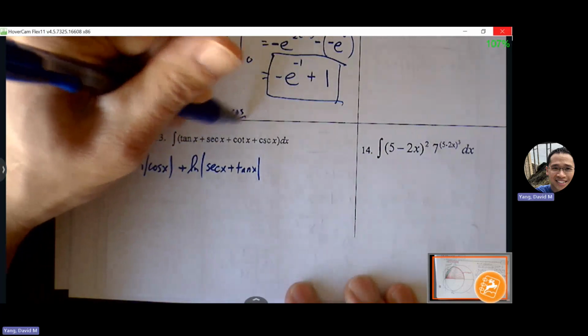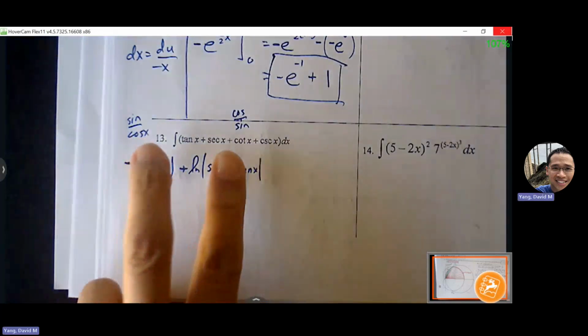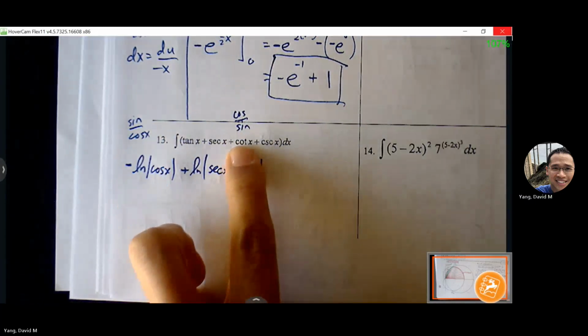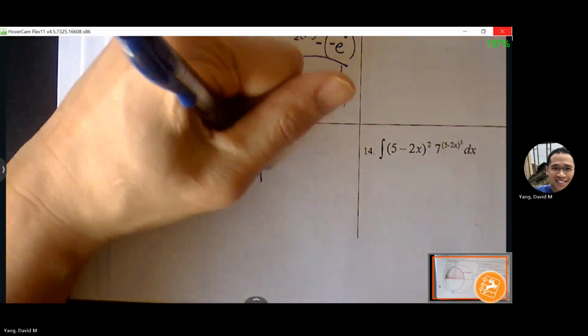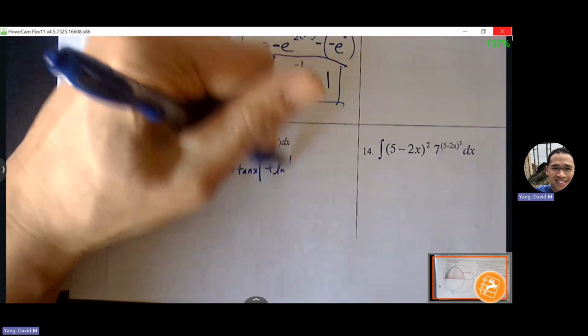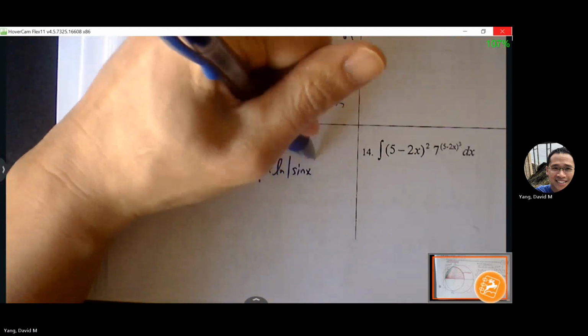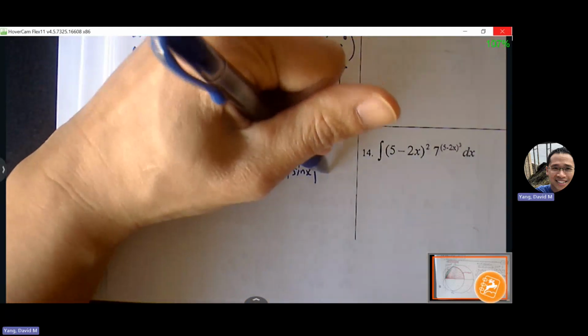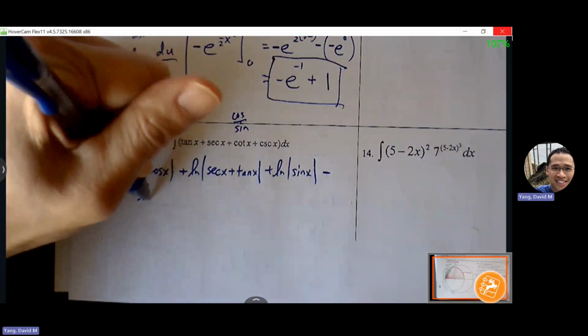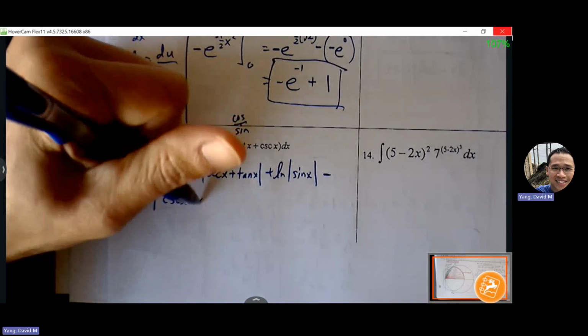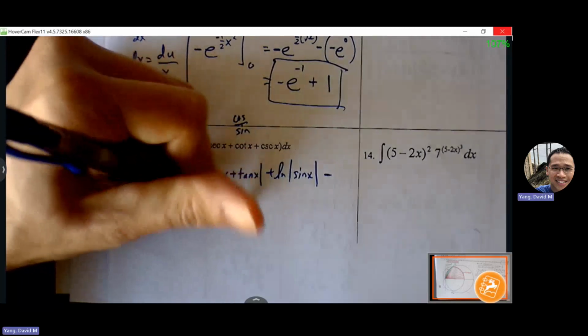Cotangent is similar to tangent. We can rewrite it in terms of sine and cosine. Positive. So positive what? Natural log, absolute value of what? Sine. And then cosecant is minus natural log. Yep, good. Plus c.